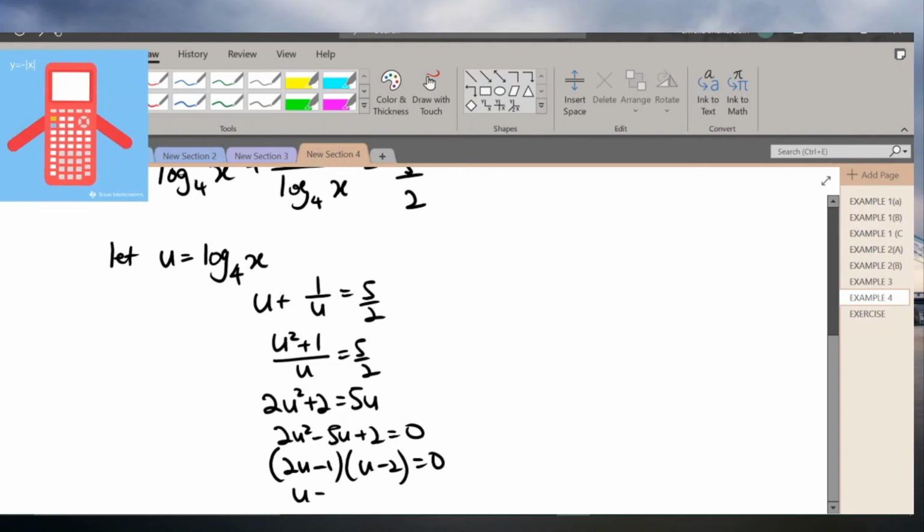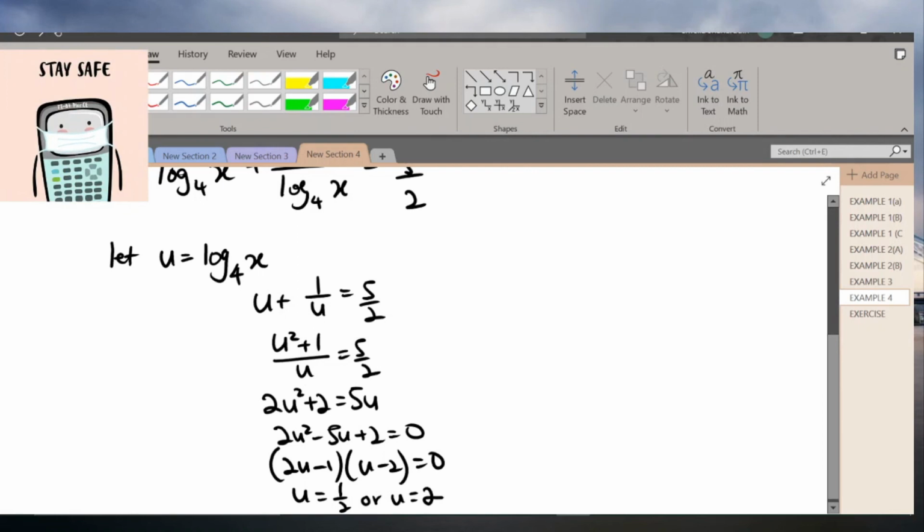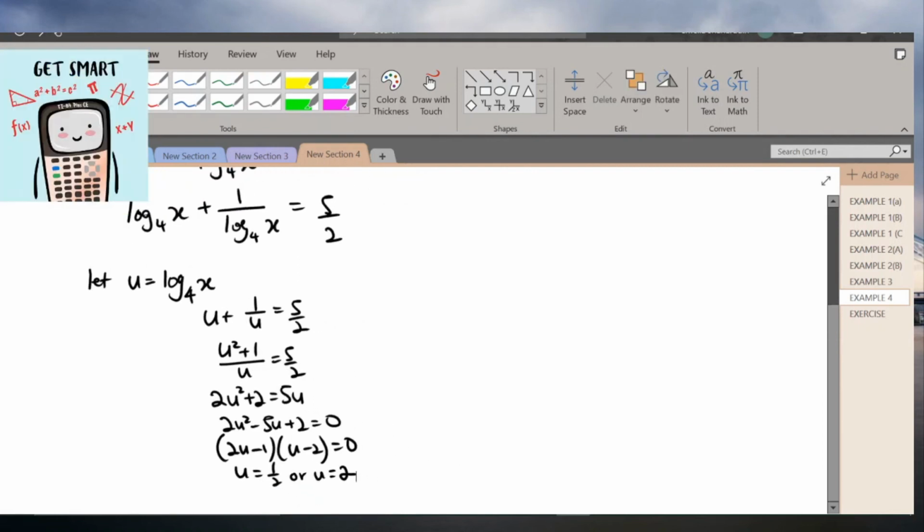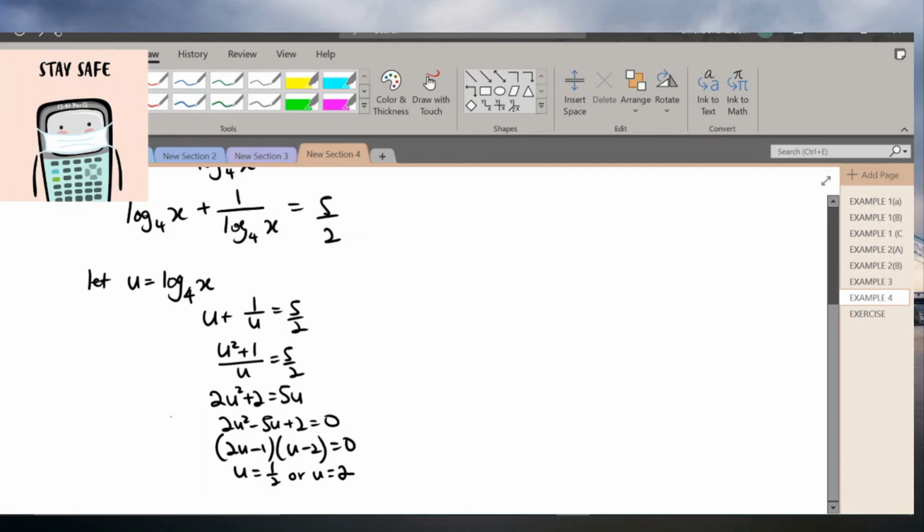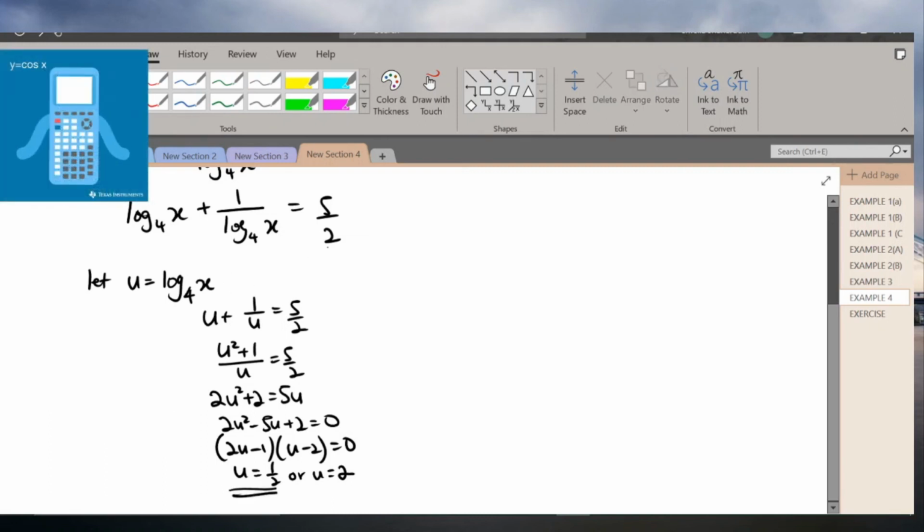That means u is equal to 1 over 2, or u is equal to 2. Now, we're not finished yet because we are not looking for u, we are looking for x. So let's put it back into our original equation.